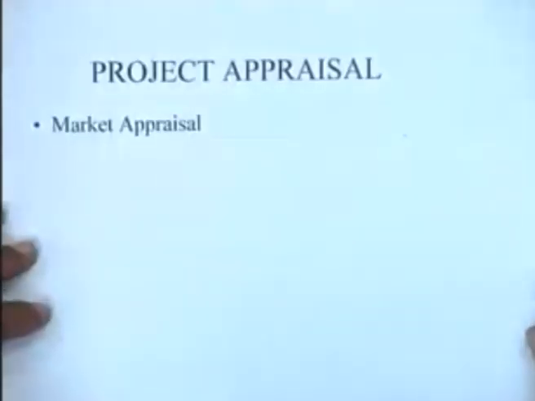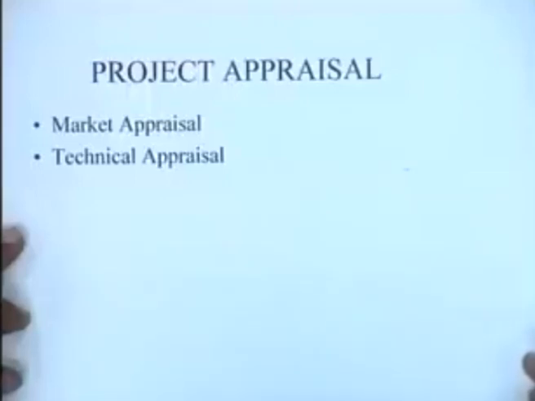So after the project identification, the next phase is the phase of project appraisal. Project appraisal is generally initiated with a market appraisal, finding out what the market is, what are the needs of the market, what is the scope for the new product and things of that nature.